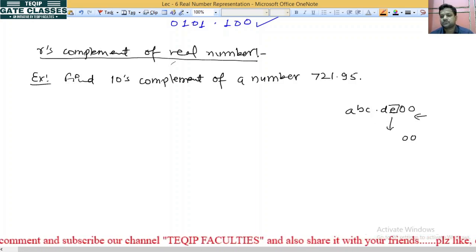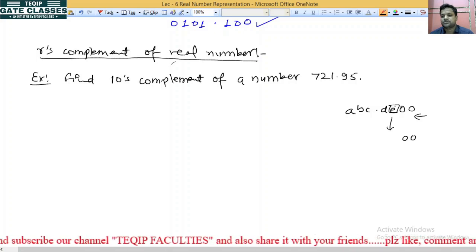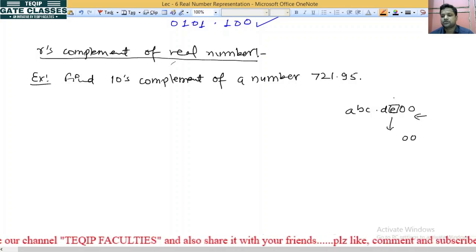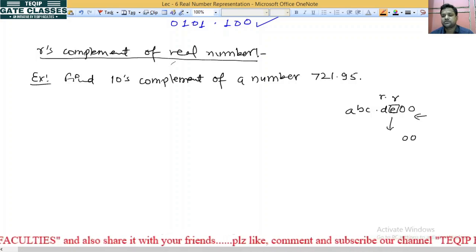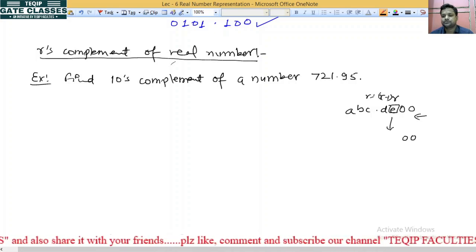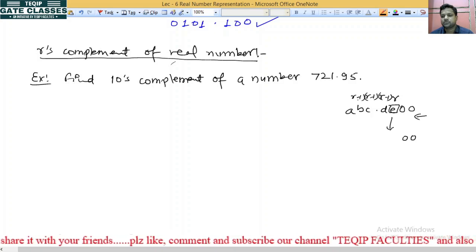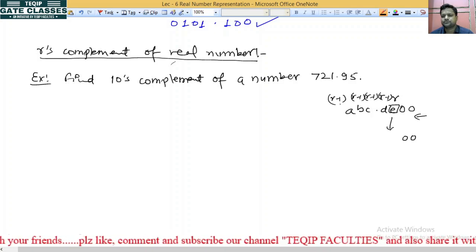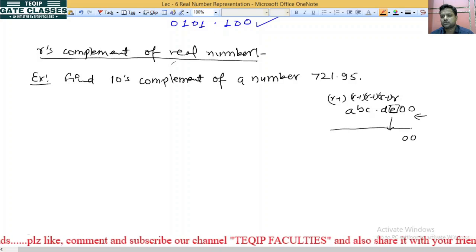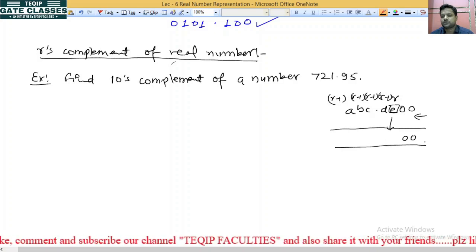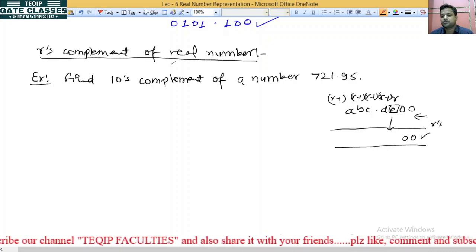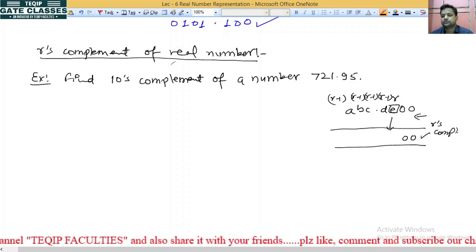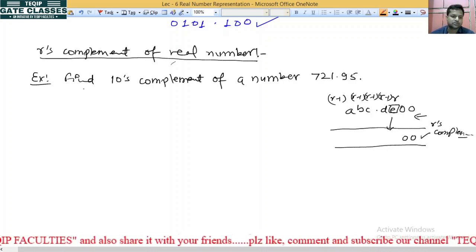Now when we get the first non-zero value, we will subtract this value from the radix of that number system and the remaining digits will be subtracted from r minus 1. So in this way the value obtained will be the r's complement, this is what we have to apply.